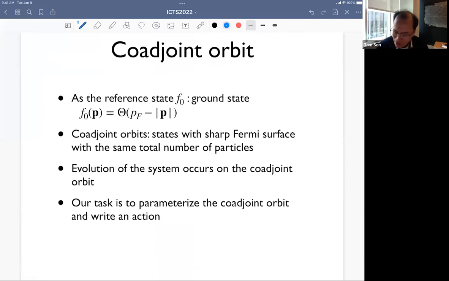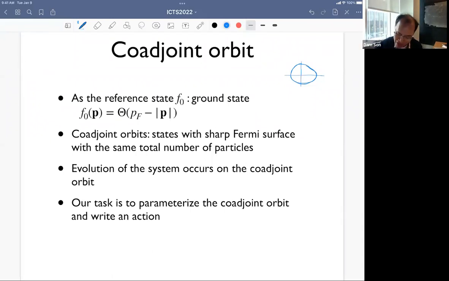So now, why is it relevant for the problem that we are interested in? That's because we now have a way to parameterize the shape of the Fermi surface. We can think about a state of a Fermi liquid in the kinetic description as a point on the coadjoint orbit.